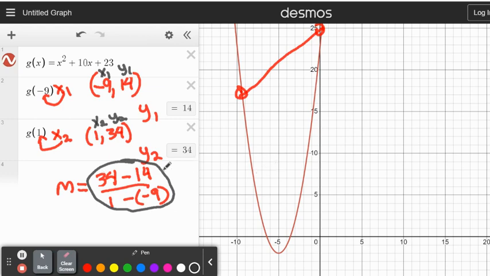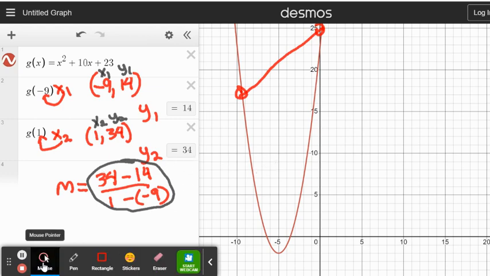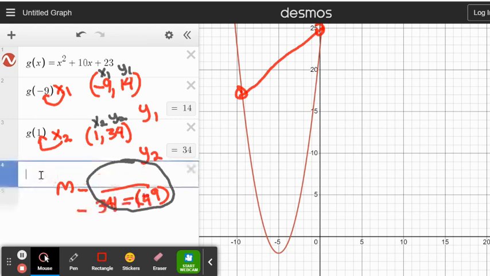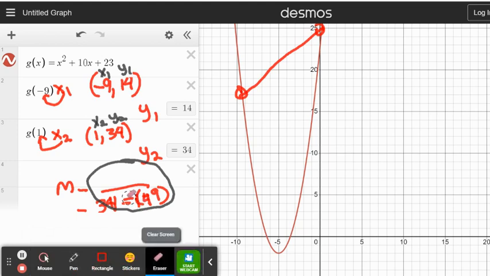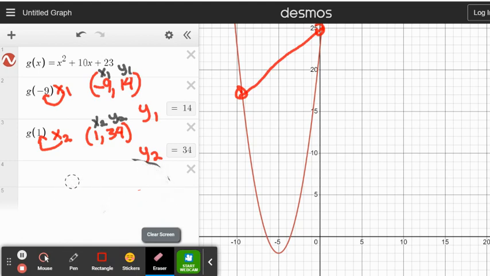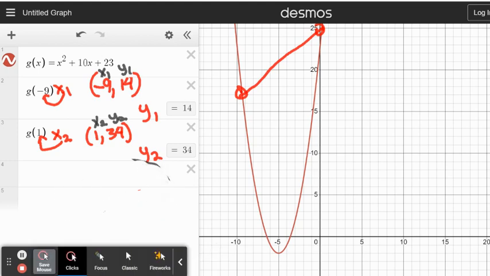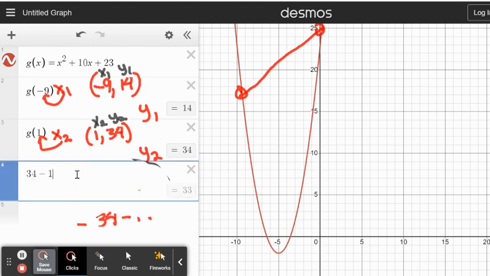You can continue to use Desmos here to find that. You can actually type that in here. Anyway, so we get 34 minus 14.